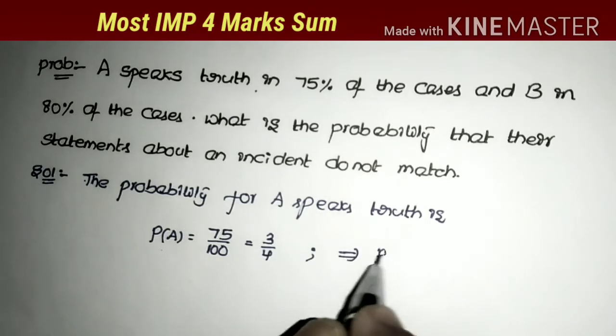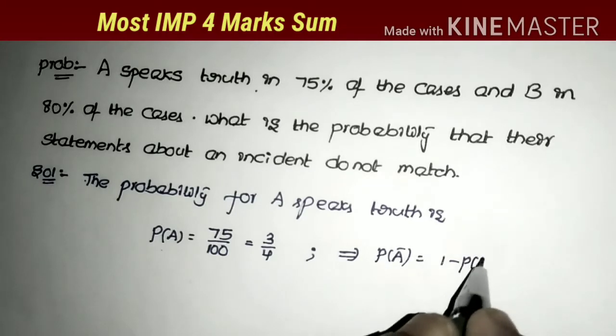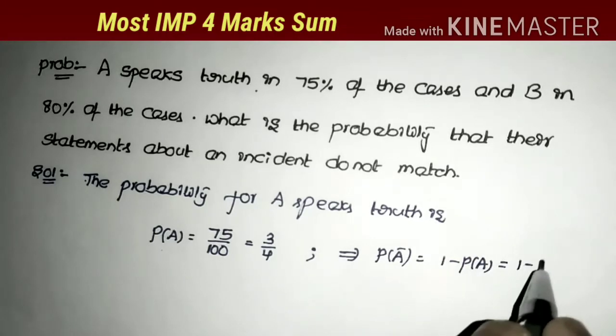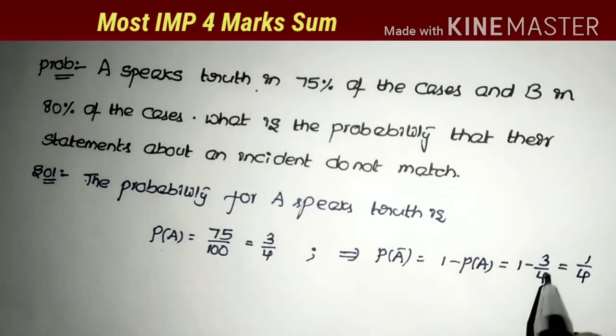This implies P of A bar is equal to 1 minus P of A, that is 1 minus 3 by 4, which is 4 minus 3, that is 1 by 4.